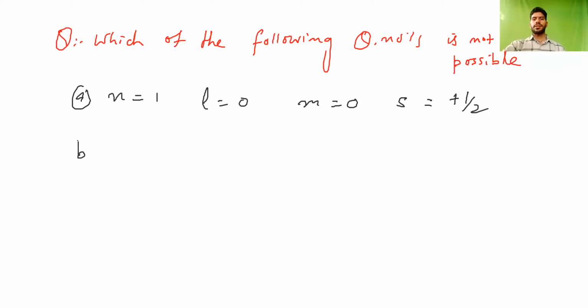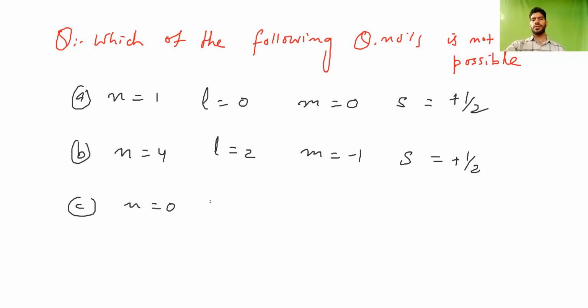Let's see the next one. n is 4, l is 2, m is, let's say, minus 1, s is plus 1 by 2. Okay, next, n value is 0, l is 0, m is also 0, s is plus 1 by 2.